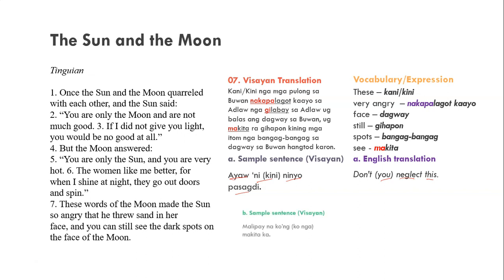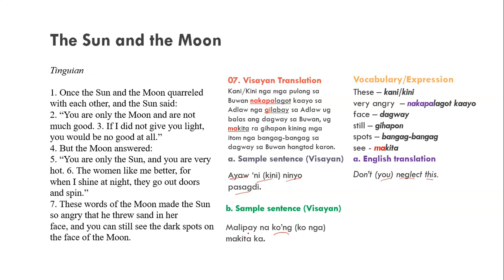And malipay na kung makita ka. It's just saying malipay na kung makita ka, but we oftentimes use this long version, shorter version, and the longer version is kung na makita ka. Malipay kung makita ka.